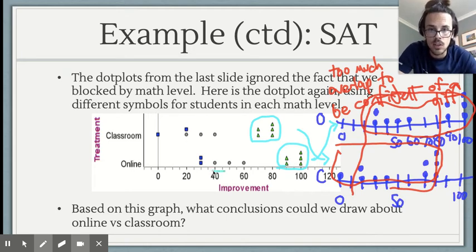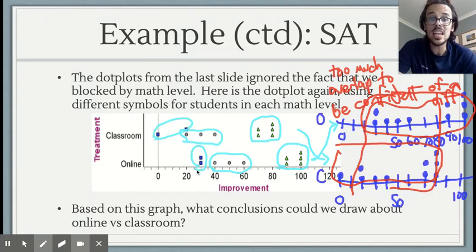Same thing when you look at Algebra 2. Granted, there are less dots, so not great making conclusions based on 6 data points. But there's quite a bit of separation right here, only a little bit of overlap where these two kids tied. And then with the geo, I got this versus this. So when you look at the groups individually, apples to apples, it becomes a lot more clear that the online class in this scenario was better.